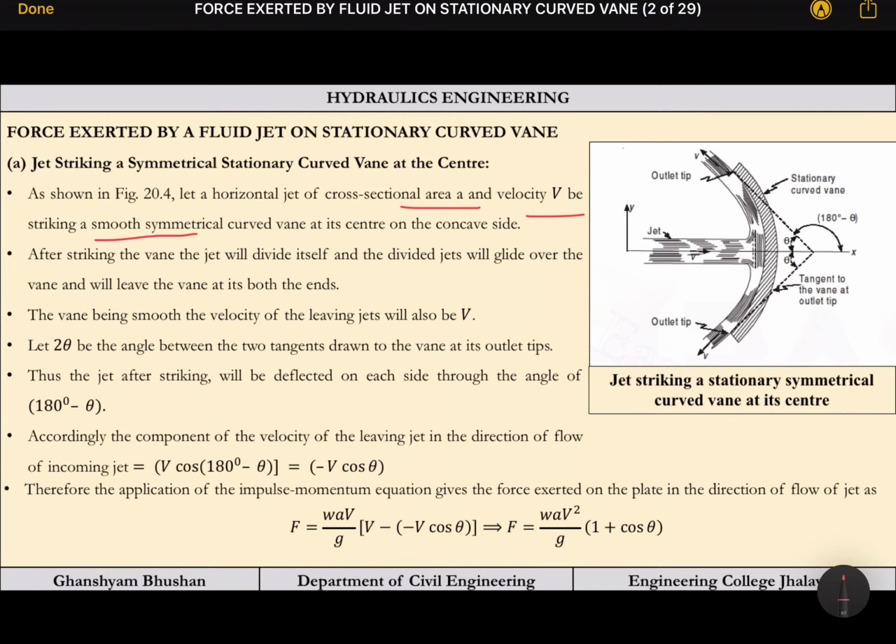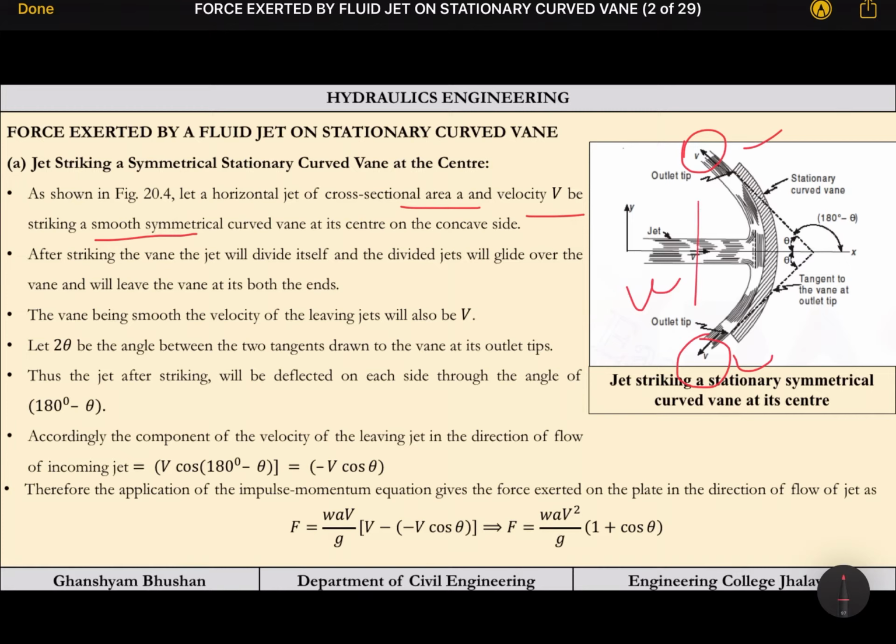That means the velocity here is V, so here also the velocity will be V. The fluid jet hitting and exiting the plate will have the same velocity. It is a symmetrical case, so the velocity will be the same, and the fluid mass will be divided into half of whatever is coming from the jet.